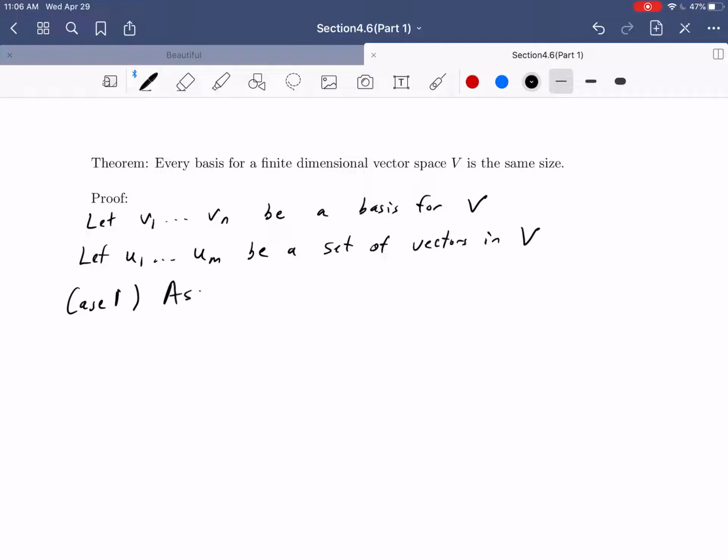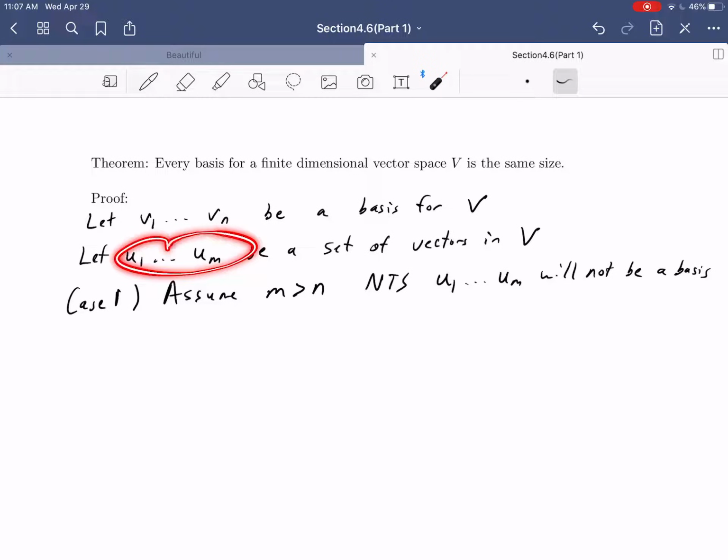We're going to assume that m is greater than n. So we're going to assume that this set here has more vectors than this, and we need to show that U1 through Um will not be a basis. In other words, we're saying that if you take a set of vectors that has more vectors than your basis, then it will not be a basis.